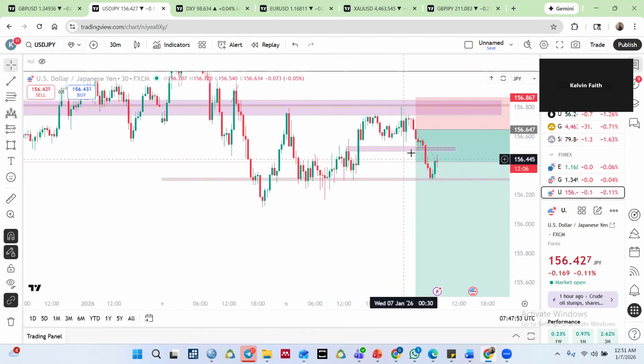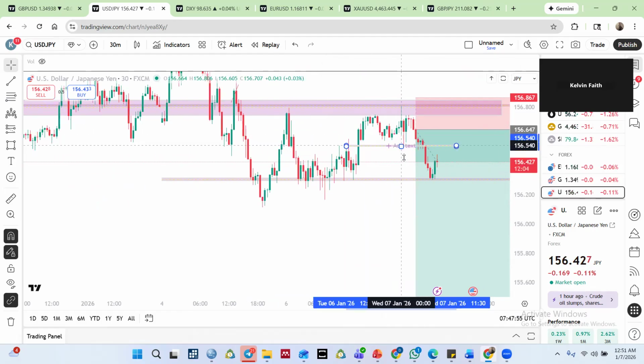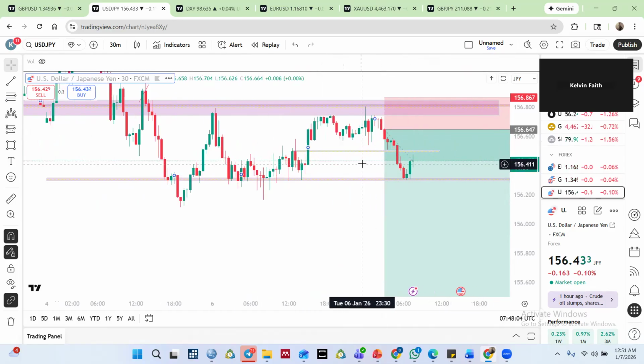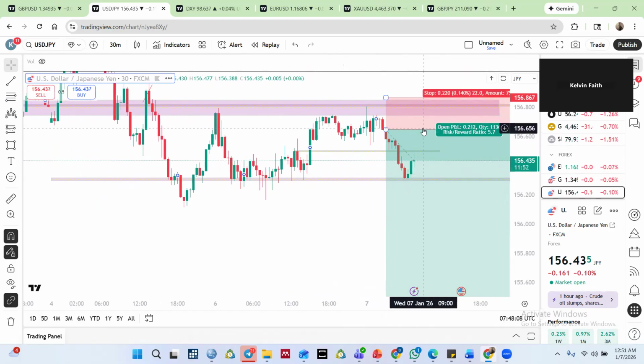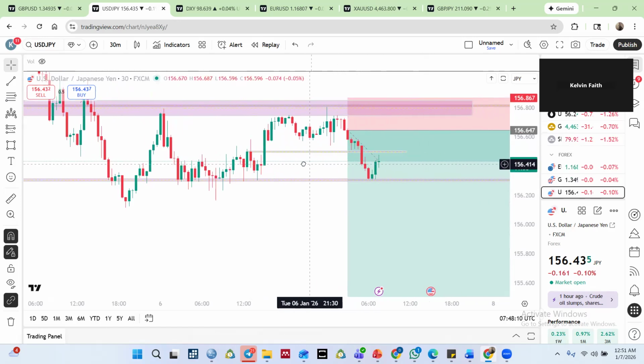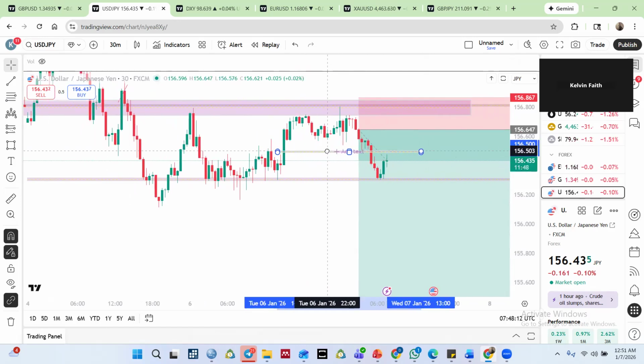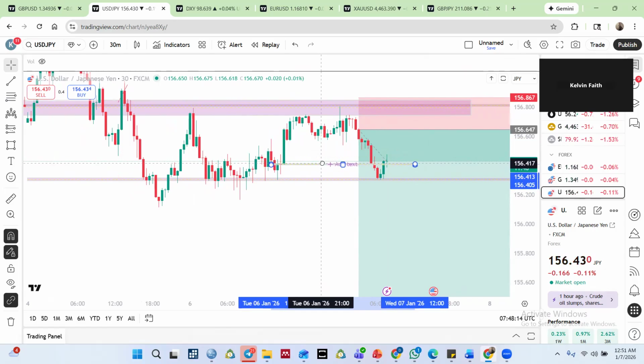So let's see what price is going to do inside of this level here, this internal level. Is it going to move back up into the entry, or what is it going to do? Let's see. I can see buyers were very strong at this level.